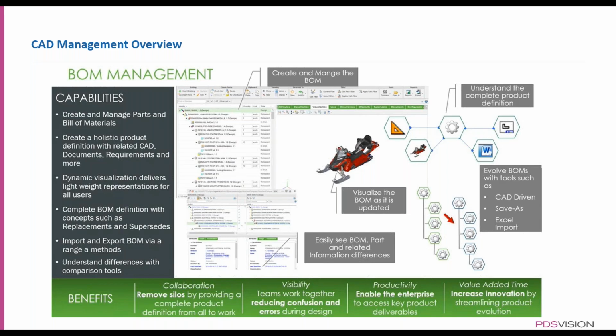And obviously this enables the enterprise, or everyone in the company, to access the key product deliverables. So if at the end of a process we release our product for production, in that particular flow we can also notify someone from the purchasing department to say the BOM is ready, it's been released.